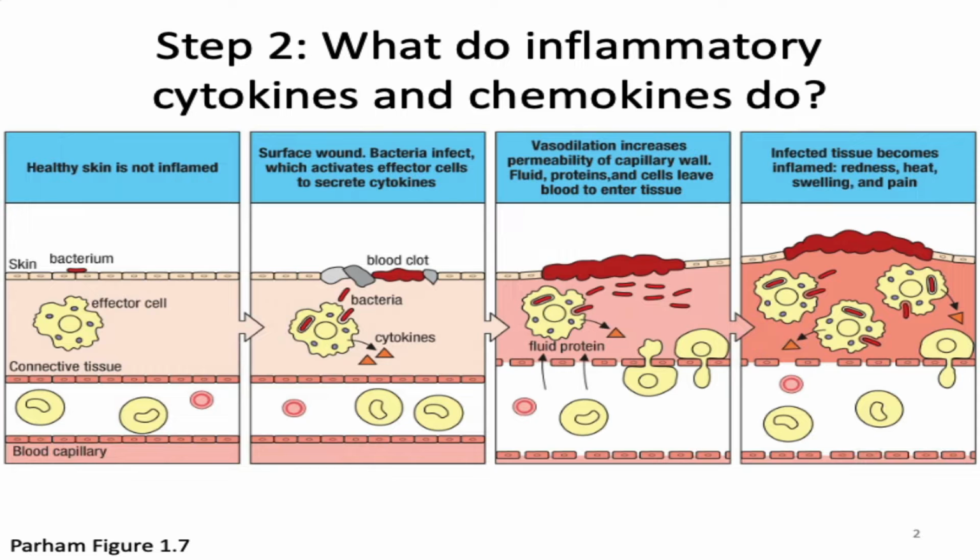But as I move into some of these details of inflammatory cytokines and chemokines, I want to think about one other aspect of inflammation. So inflammation was actually first described a lot of years ago.